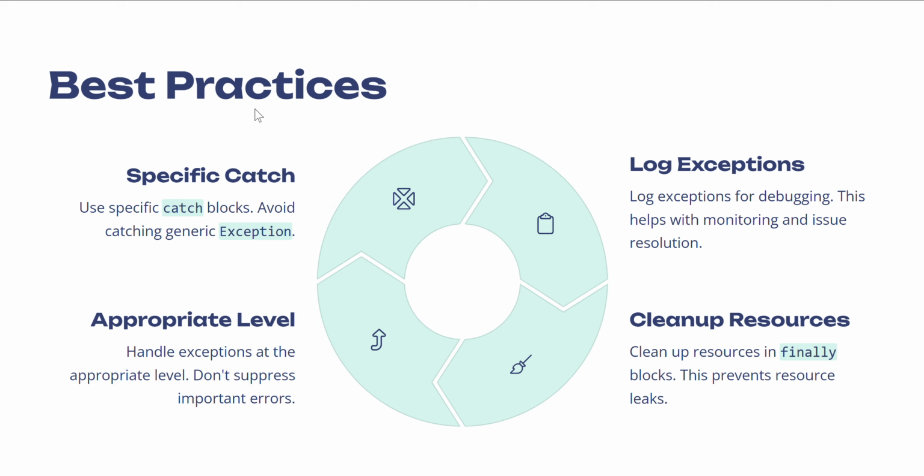So if you give the specific exception type to the catch block, then it is easy for the JVM to directly go to the specific noted ones and use them.